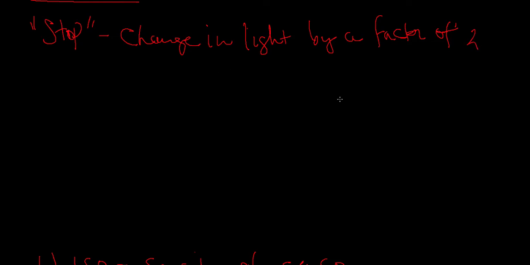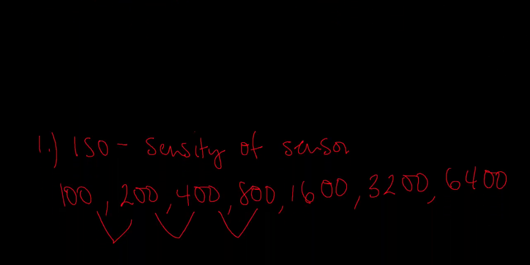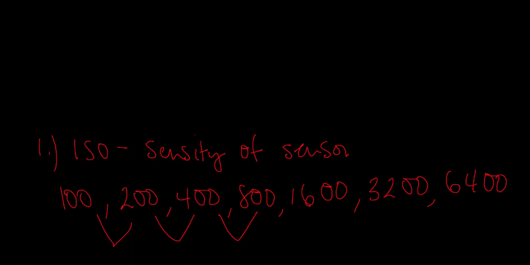So if we're going towards more light, then we're doubling the light. And if we're taking light out of our exposure, then we're cutting our light in half. And as we move through these camera controls, from one number to another, we are making a change in our light by a full stop.